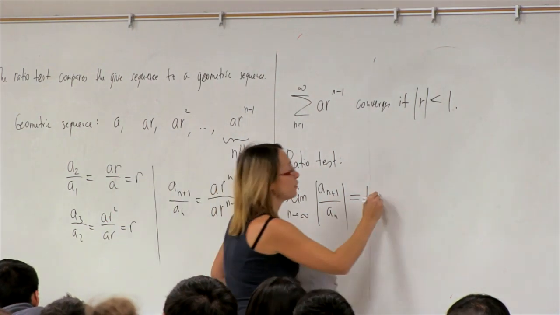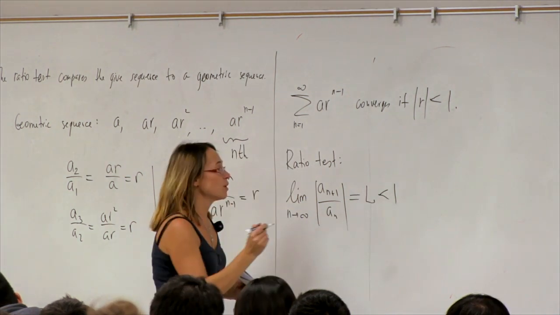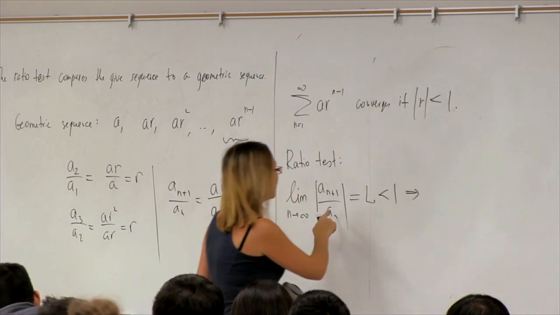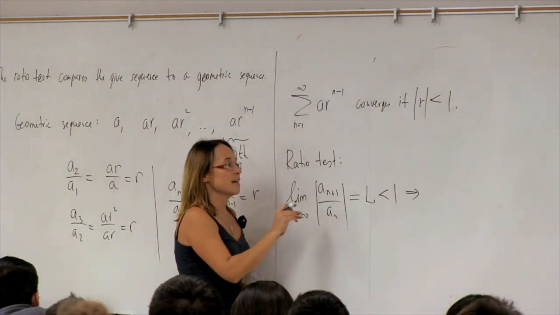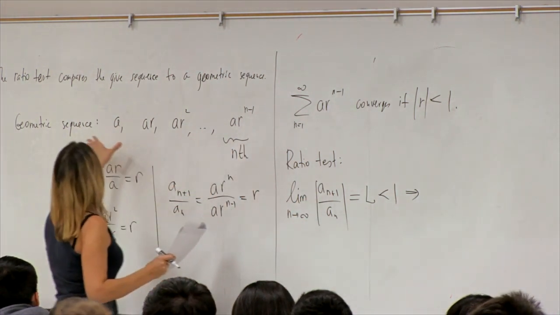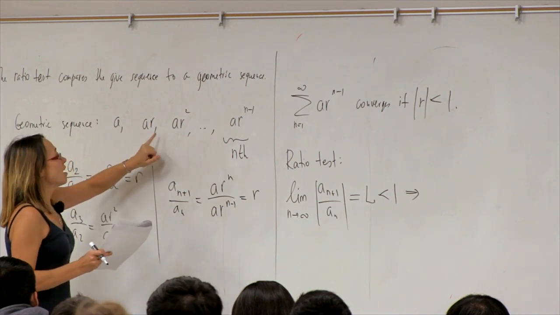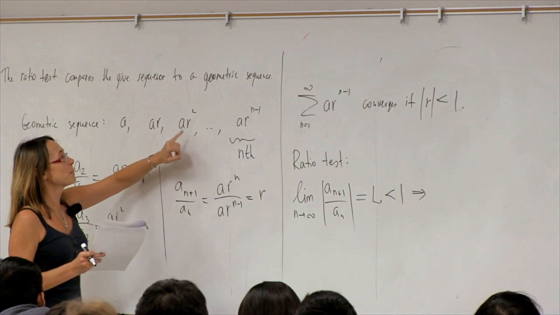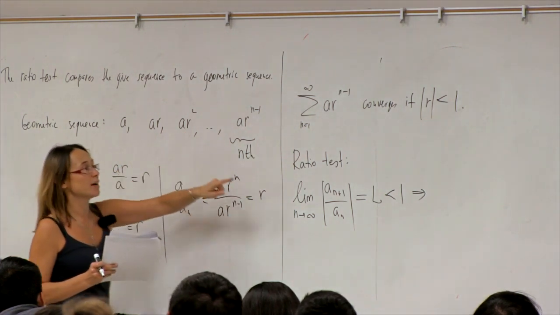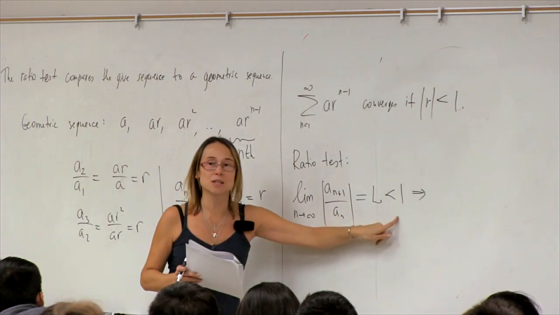Now, if L is less than 1, then for very large n, this sequence is going to be similar to a geometric sequence whose ratio between elements is L, and this factor is less than 1.